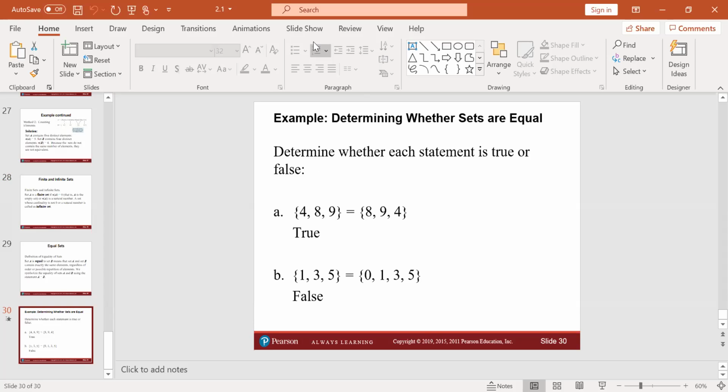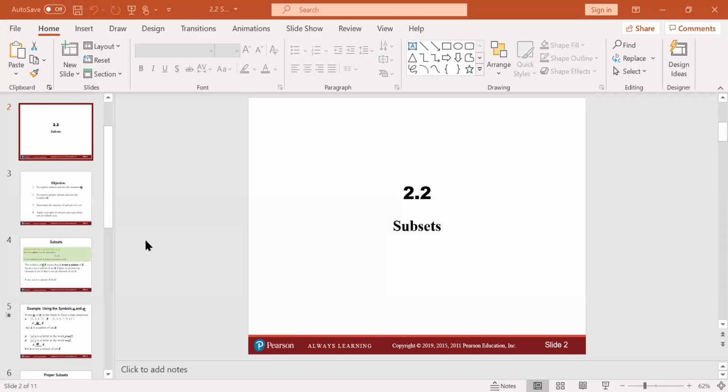Okay, so let me pull up our next section concerning subsets. Did she give you the right notes? I sent her a zip file that had all the notes I'm using in it.